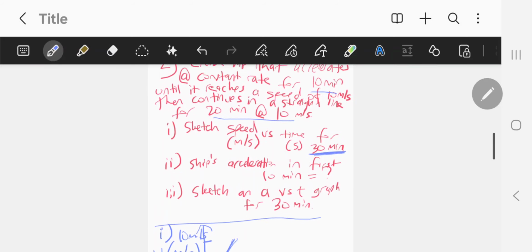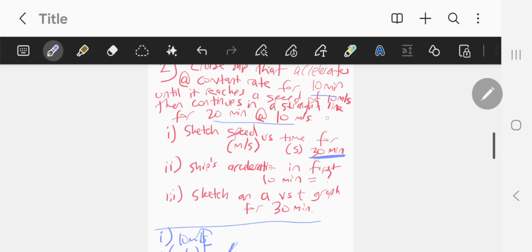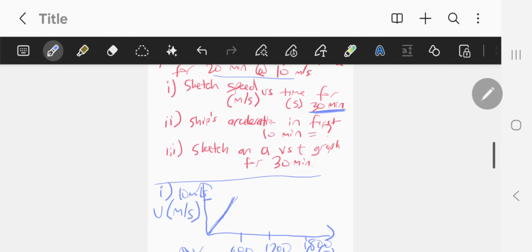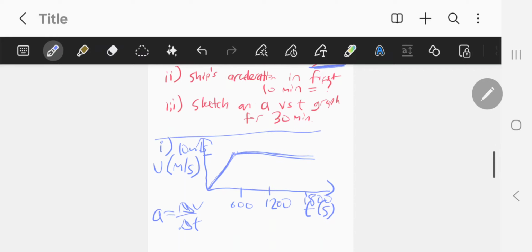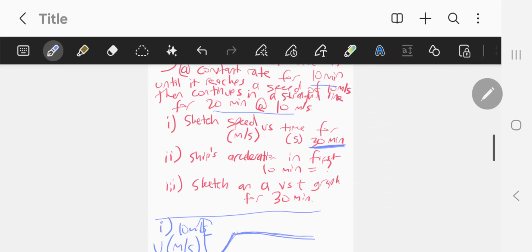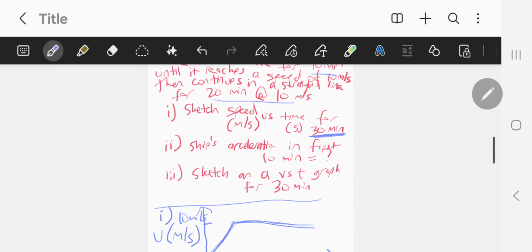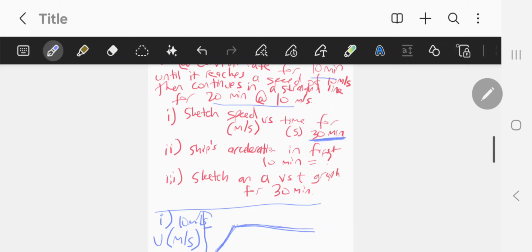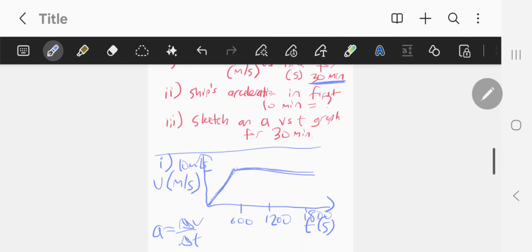And then it continues in a straight line for 20 minutes at 10 meters per second. So the speed is constant. It's a flat line for the remainder of the time, up to 1800 seconds, that's how many seconds there are in 30 minutes. So that's part A, part one.